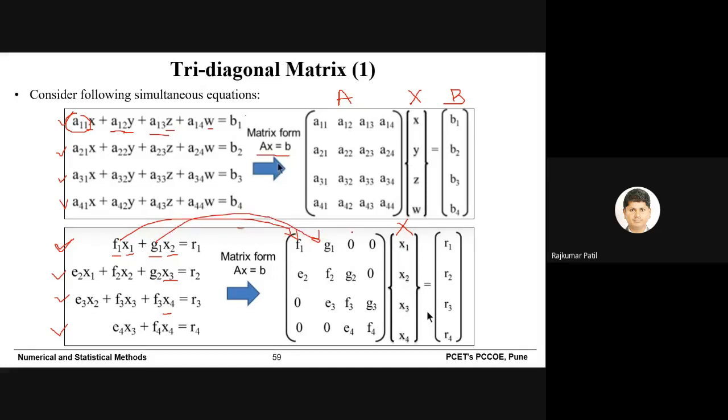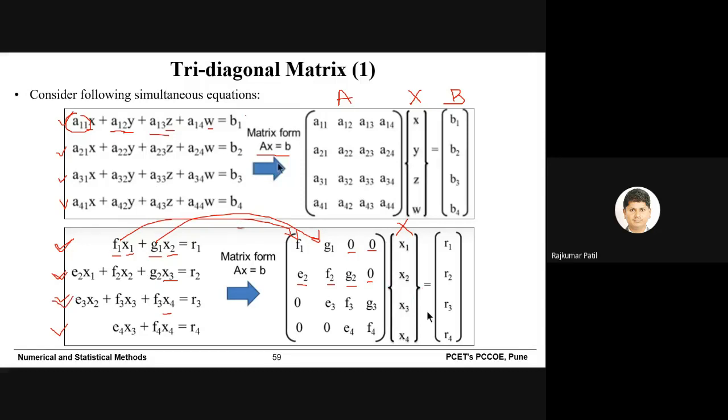But the remaining two, that is coefficient of x3 and x4, are 0. So you can see. Similarly, when you take equation number 2, the coefficient of x1, x2, x3 are given, and coefficient of x4 is 0.